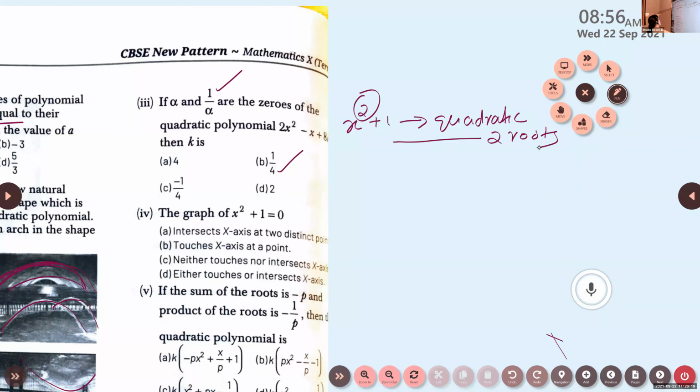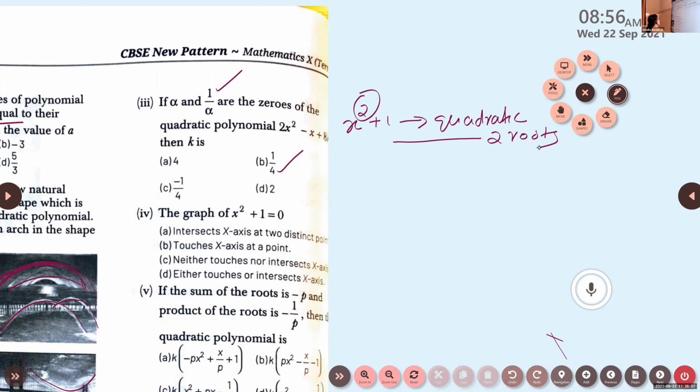Now, the graph of x square plus 1 equal to 0. If it has 2 roots, its graph touches the x-axis how many times? 2 times.